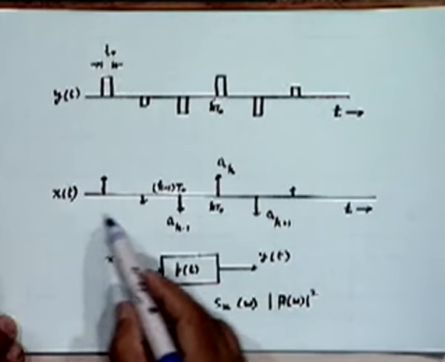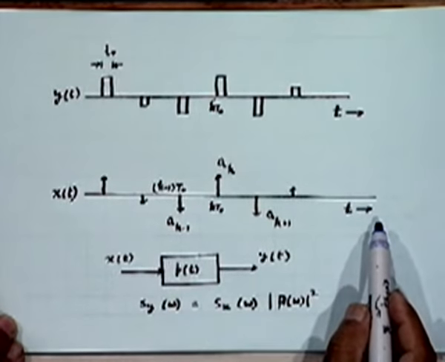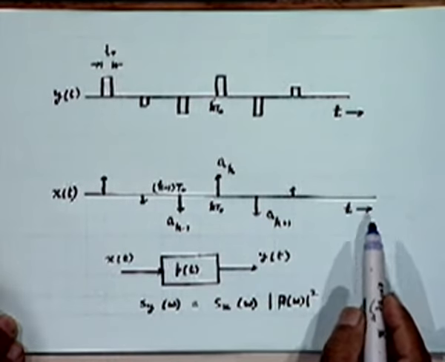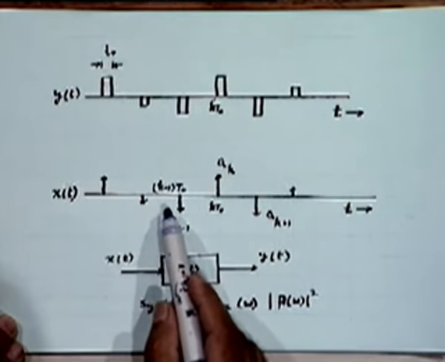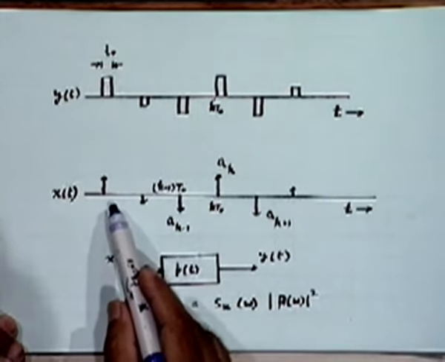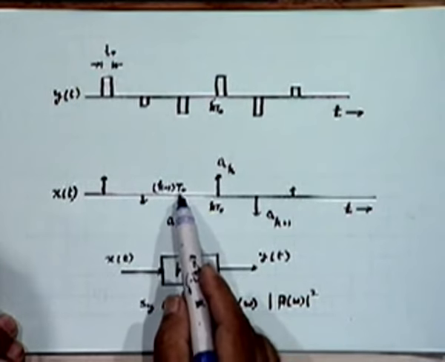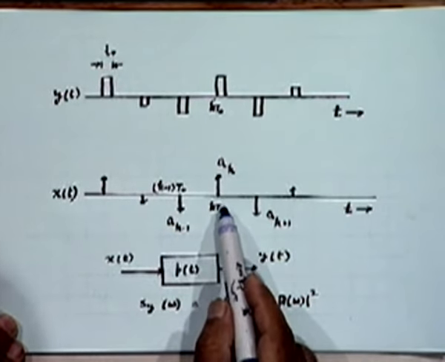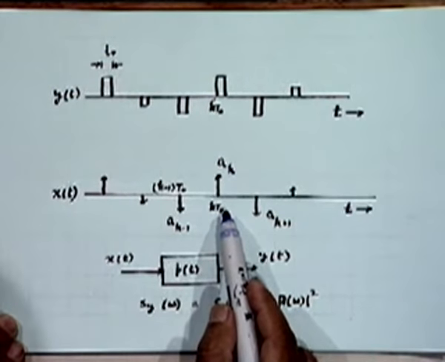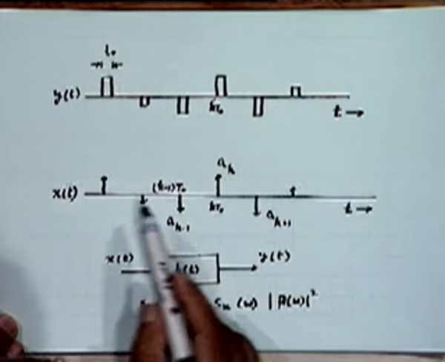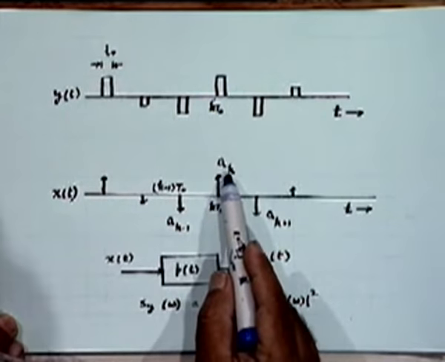So we will now be interested in obtaining the power spectrum of this impulse train x(t), which occurs periodically. It is not a periodic impulse train, but the consecutive impulses occur every capital T sub 0 seconds, and they have the impulse strengths in general.